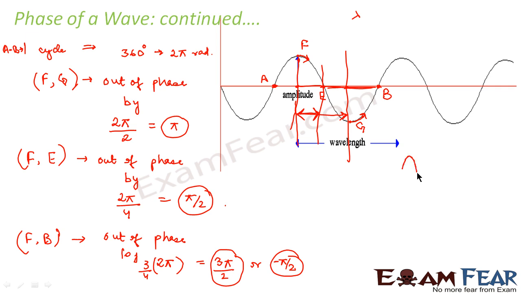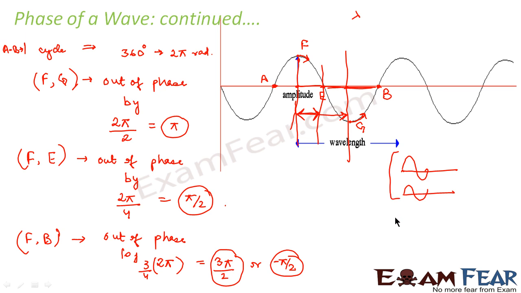Let us suppose you have one wave like this, another wave also like this. We say that these two waves are in phase because all the points on both the waves are at the same position doing the same thing. If you compare the corresponding points of both the waves, they are at the same position doing the same thing.